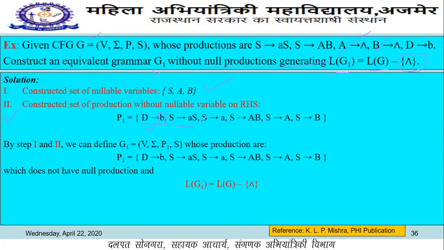So we include this production S tends to small a, and corresponding to these two productions, we include these two new productions also. So finally, by step 1 and step 2, we constructed a simplified grammar G1 whose productions are given like this, and the language of G1 equals the language of G without the null string.